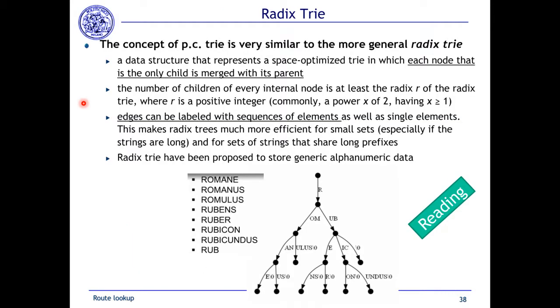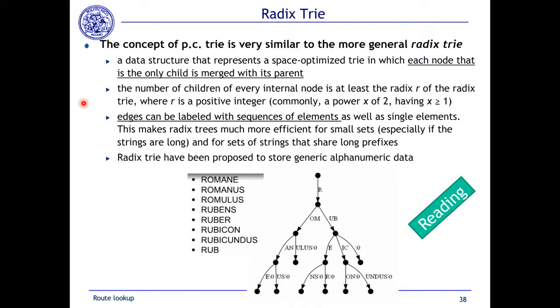This concept of path compression is actually not limited to the application of IP address lookup. It was invented earlier, especially to represent text in an efficient way. And this generalization is called the Radix tree.